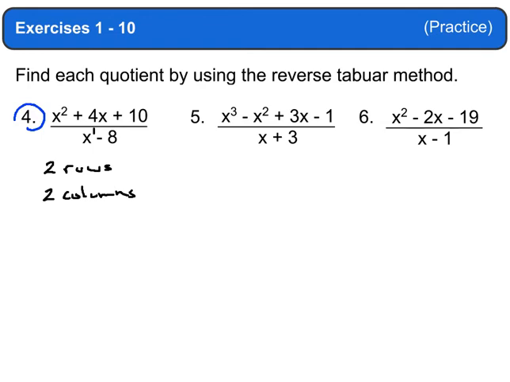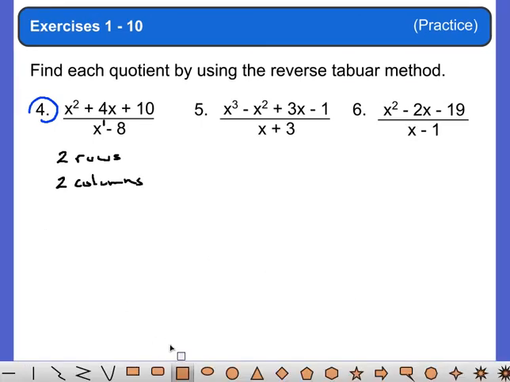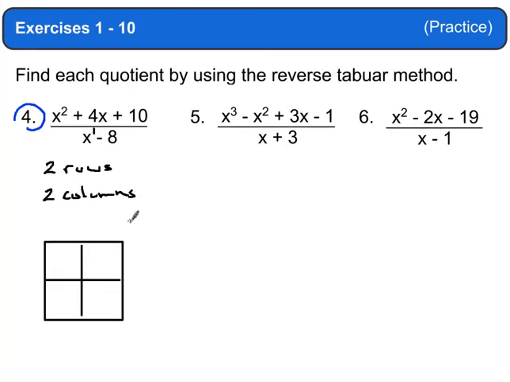So we'll draw our box. A 2-row, 2-column box. So here's our 2 rows. Here's our 2 columns. And so we'll put in our divisor of x minus 8. We'll put our dividend around the side. So that'll be x squared plus 4x and then plus 10.